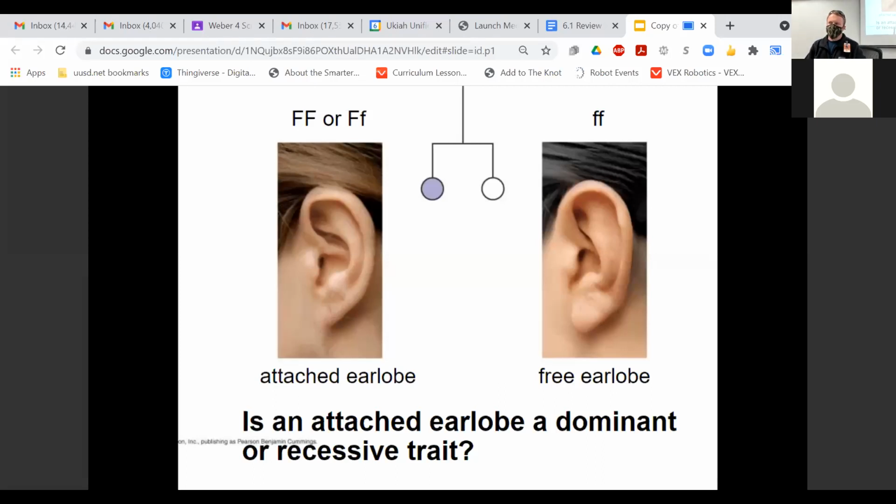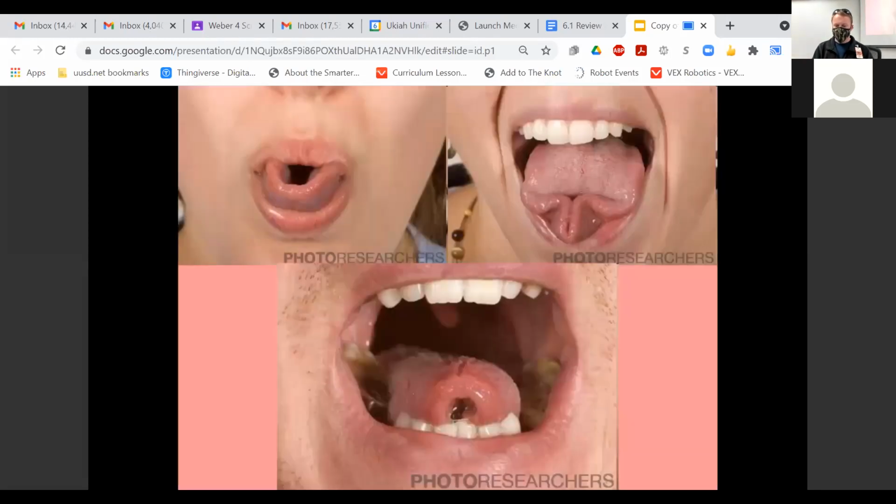Right, so with alleles, guys, as people change over time, these alleles are going to become a little bit different. They're going to evolve as well. Yes, if you can roll your tongue and do certain phonetic sounds using your tongue. In the Spanish language, when you roll your R's, that itself is a trait that you either have or you don't.